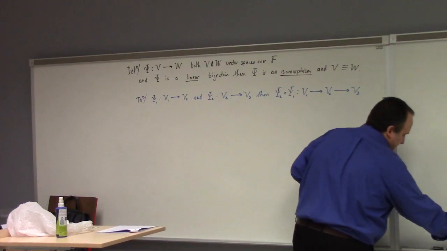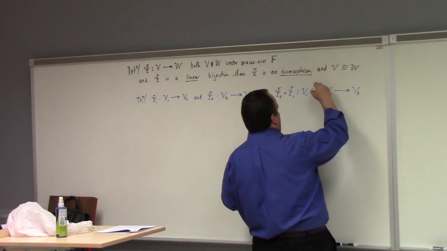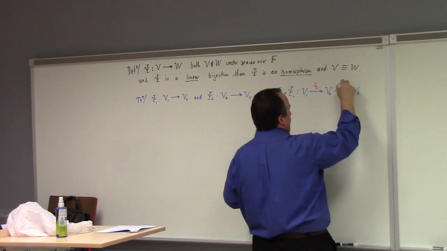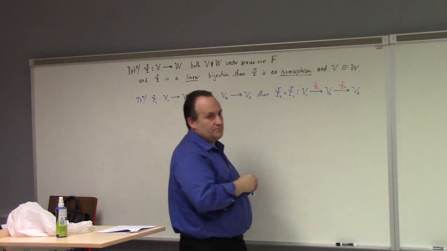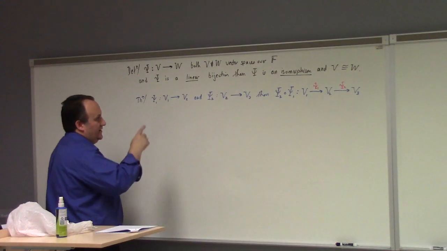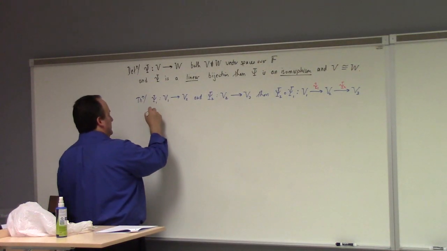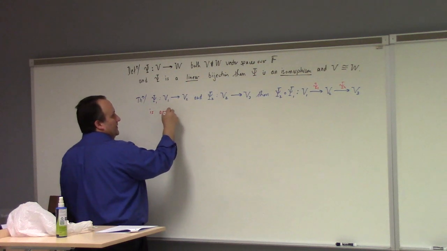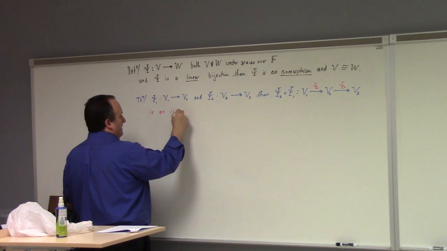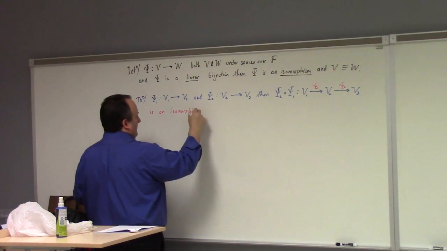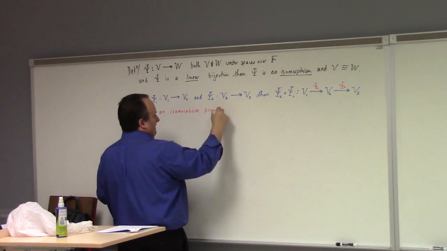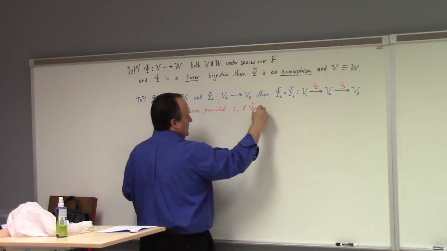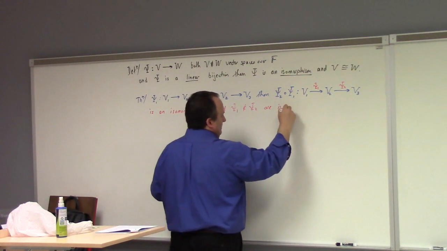Sometimes I draw a picture like this just to make sure I'm not deceiving myself in terms of the composition, right? Does that make sense? At least the composition is an isomorphism, provided that psi 1 and psi 2 are isomorphisms.